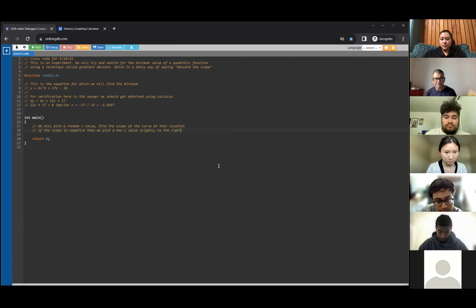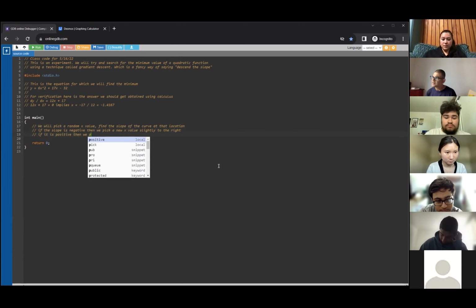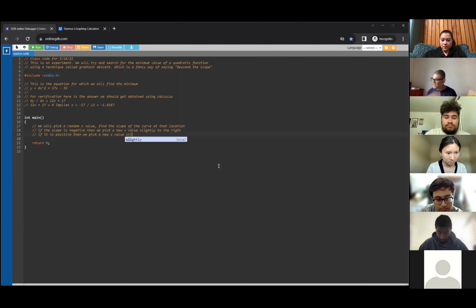If it is positive, then we pick a new x value slightly to the left. Is that correct? So if it's negative, we need to move to the right. That's a negative, and that's positive. And if it is 0, we have reached the minimum.